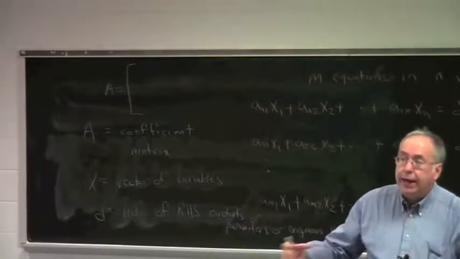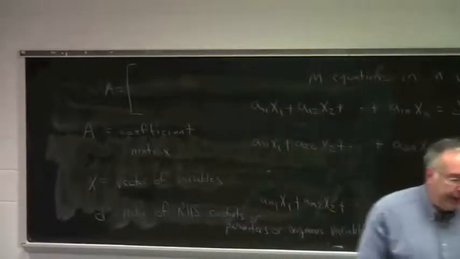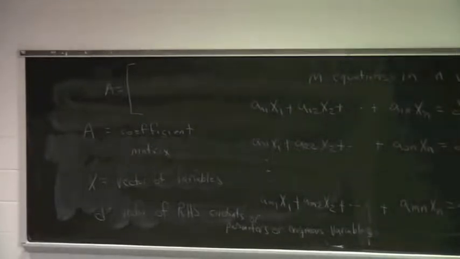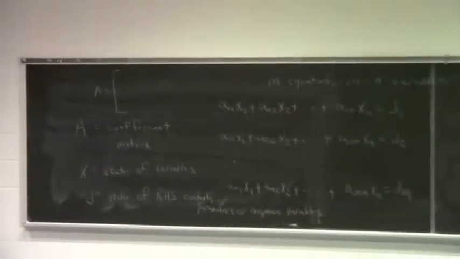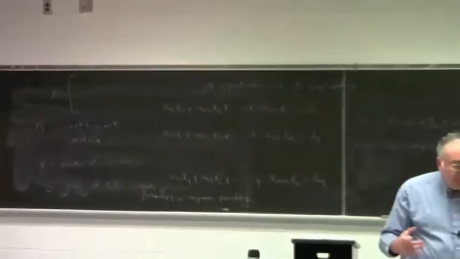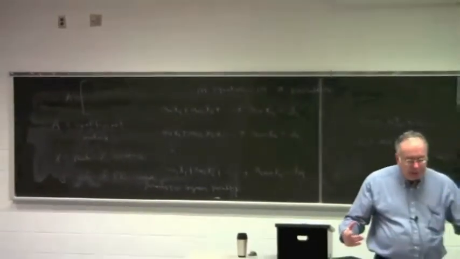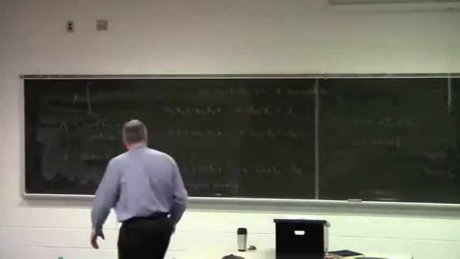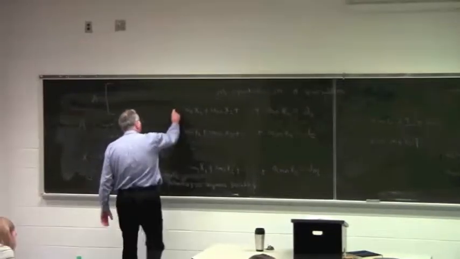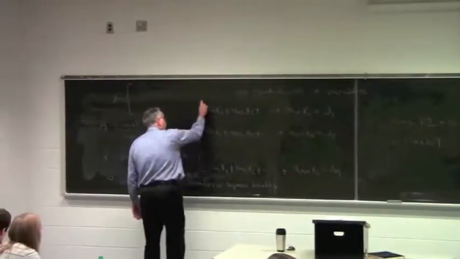But it's a rectangular array. And a matrix has a certain number of rows and a certain number of columns. And the number of rows and the number of columns comprise the dimension of the matrix. So for this case right here, the coefficient matrix would just be this.